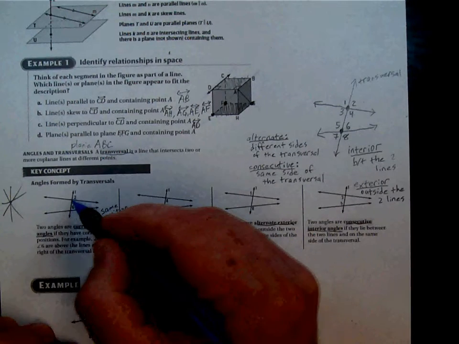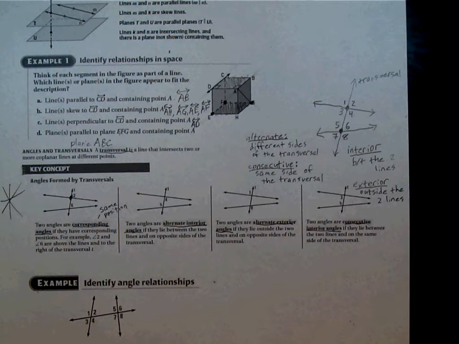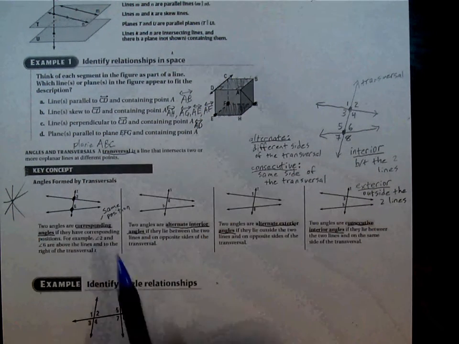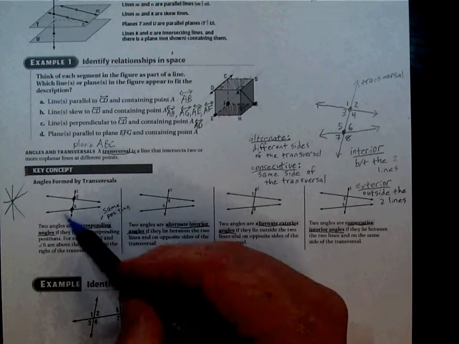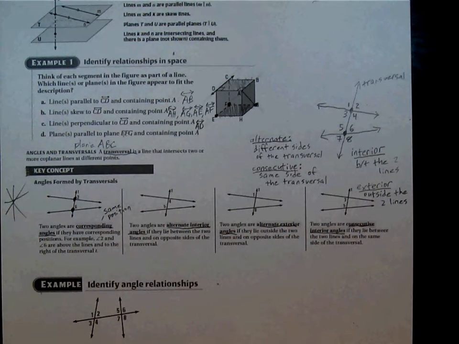Where those two lines intersect, the transversal and the top line intersect, they create 4 angles. Angle 2 is in the upper right-hand position. So then we go to the other intersection, where the transversal intersects the other line, go to the exact same position. So upper right, that's angle 6. So 2 and 6 are both in corresponding positions, so they're corresponding angles.